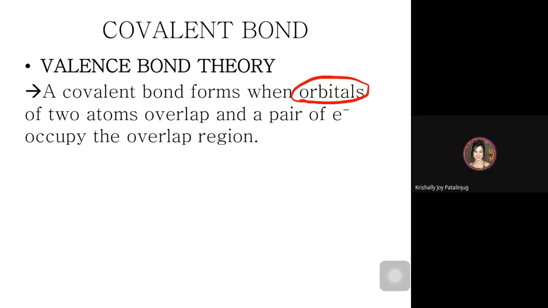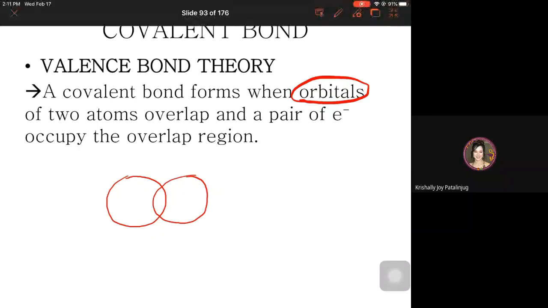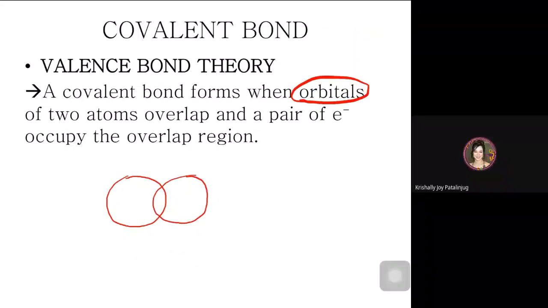Alright, so say for example, you have this orbital, a spherical s orbital of a particular atom, and another orbital of an atom. So that is already orbitals of 2 atoms.